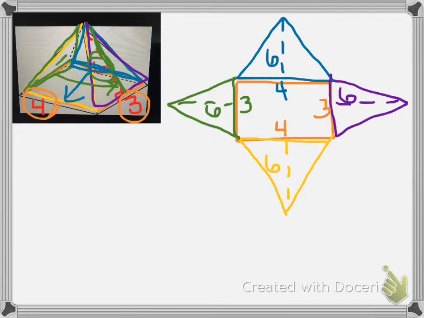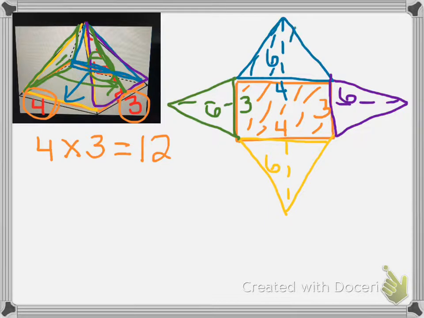So let's go ahead and figure out the area of our rectangle. We've got a base of 4 and a height of 3, and we know that area is base times height. So the area of the rectangle is 12. Let's do the blue triangle next, this guy right here.